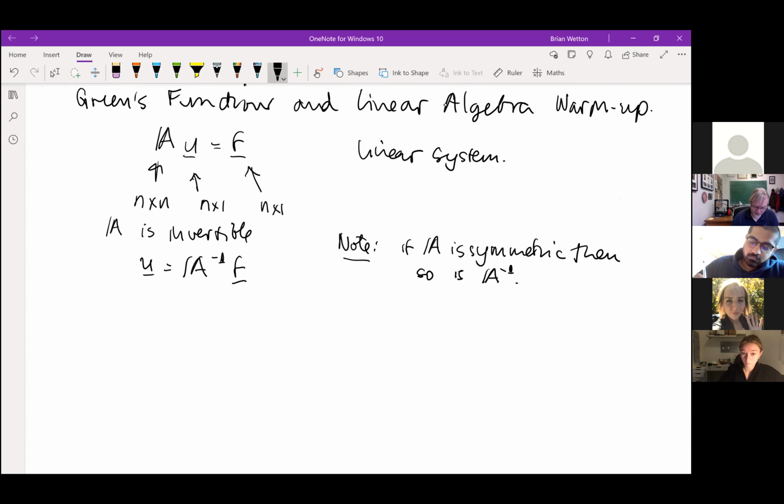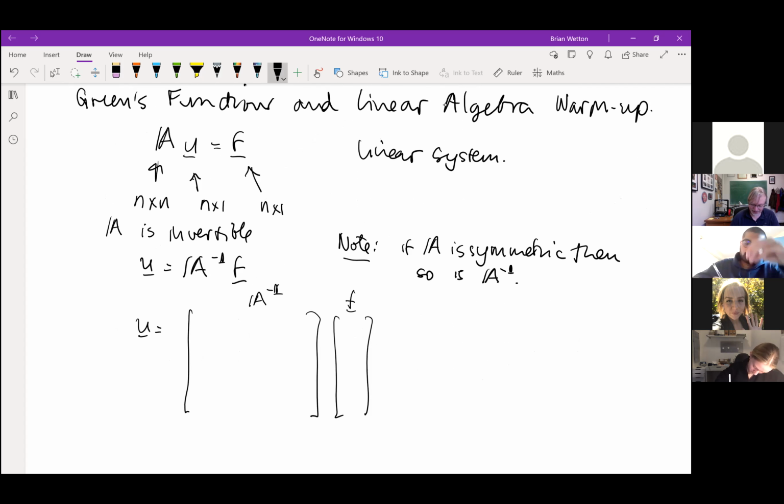Okay, so here's F, here's A inverse. I don't know if this is how you look at matrix multiplication.